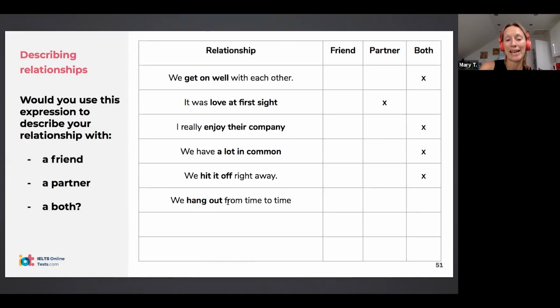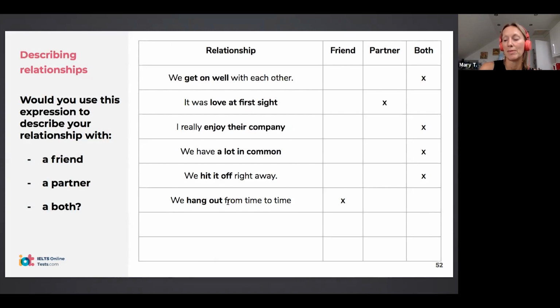Okay, this one, we hang out from time to time. So this originally, I think it was an American expression, but now we use it as well. Yeah. Why do you think, so some of you were saying both there. Why do you think it's friend and not both? Yeah, Mohammed, good. So it's because it uses the expression from time to time.